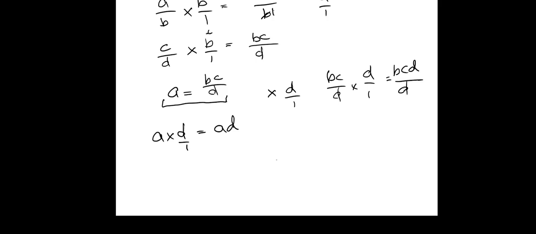The D doesn't disappear here, it just becomes a 1, and BC times 1 is BC. So this equals BC over 1, which is BC. So now we want to combine them. AD must equal BC.